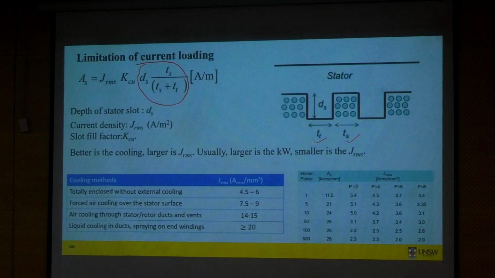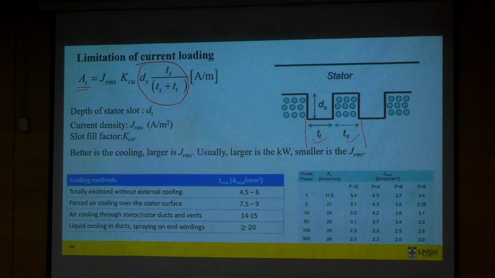Ts plus Tt, these two together, is also determined by how many slots you have and what perimeter length is available to you. So current density multiplied by that dimension is also your current loading that we have determined, in amperes per meter, A s, the electrical loading, theoretically.